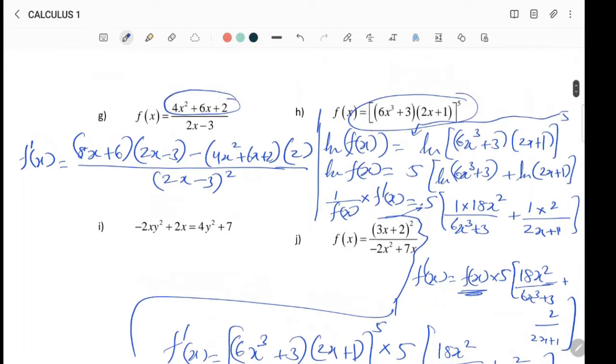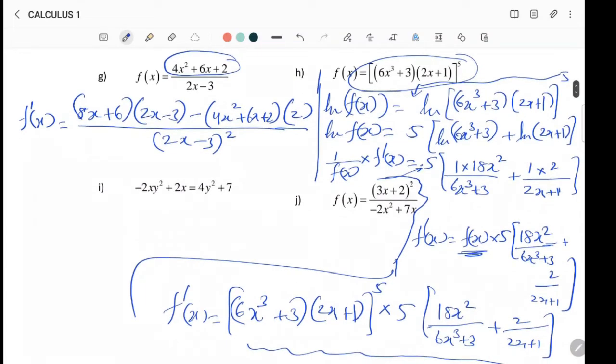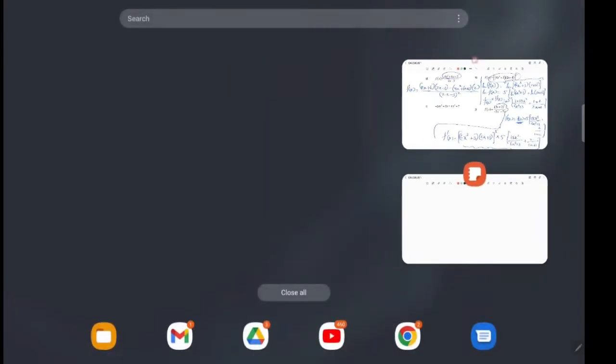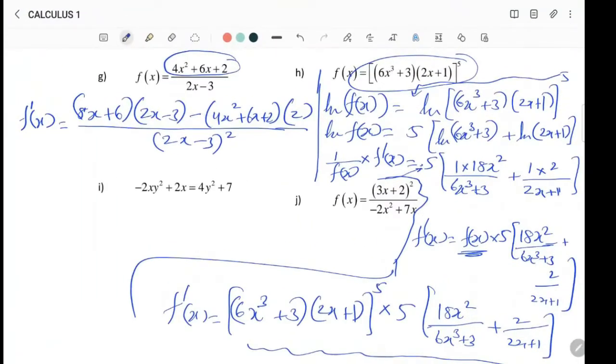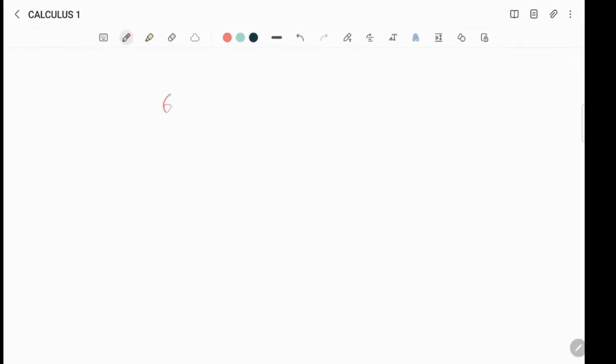However, if we don't want to apply ln, then we can apply normal method to differentiate that. Okay, let's do this by that method. So I don't have a space, so first I would like to write fx here. What is fx? 6x cubed plus 3 and 2x plus 1 has power 5.